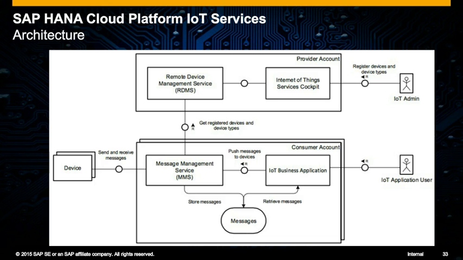Meaning that the second role, the IoT application user, just uses the application that you build on top of these IoT services. The application then has access to all the information stored from the services, and combining this with the built-in HANA platform, where you can run predictive analysis, you can do all the great magic that you know from HANA.